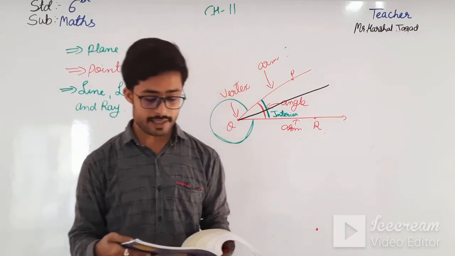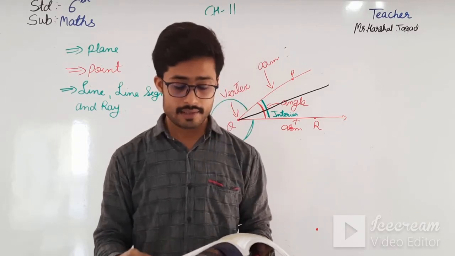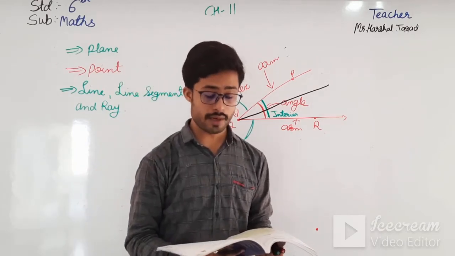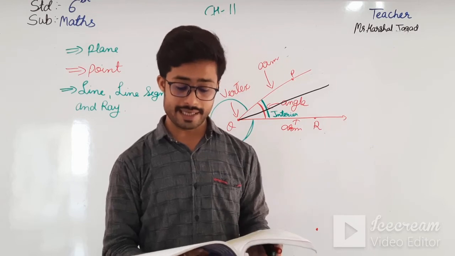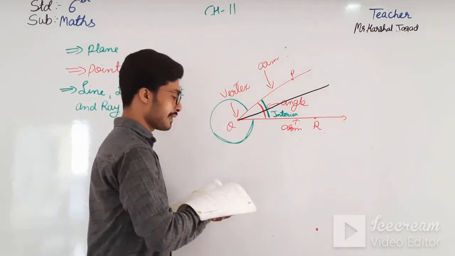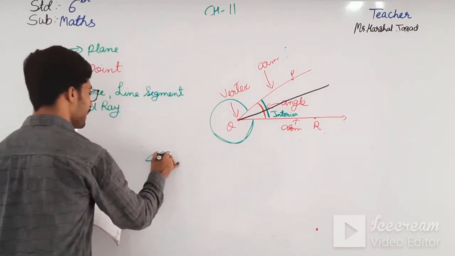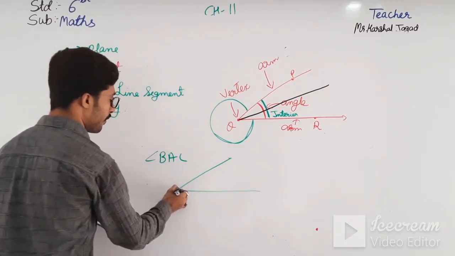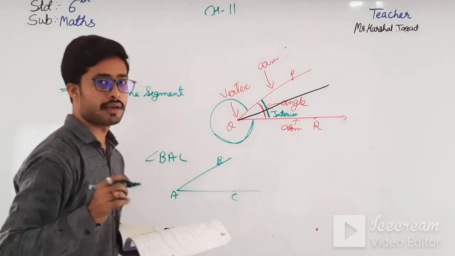Then classify each of the following as an angle, line segment, line or ray. So this you have to draw. There is an angle A, then you have to draw an angle A. Then in B, it is angle BAC. So you have to draw like this: A will be over here, B is over here, and C is over here.